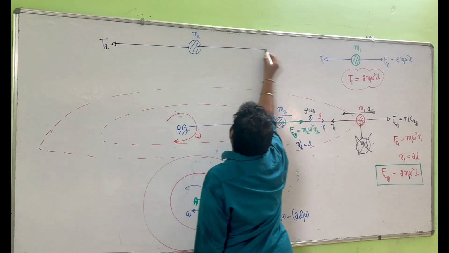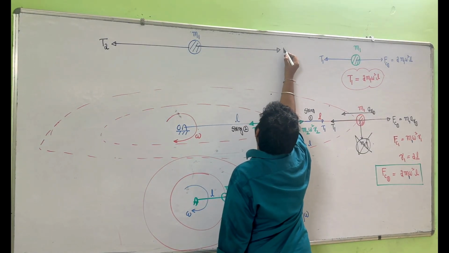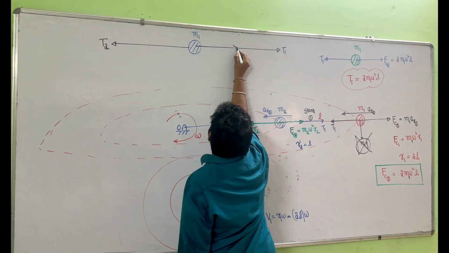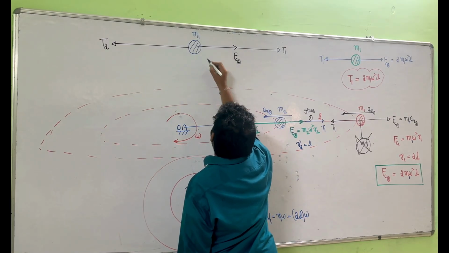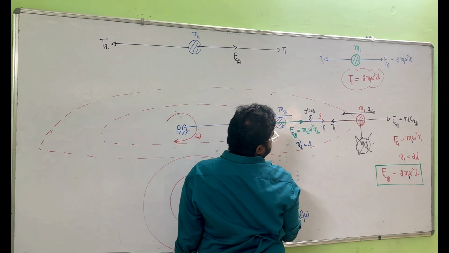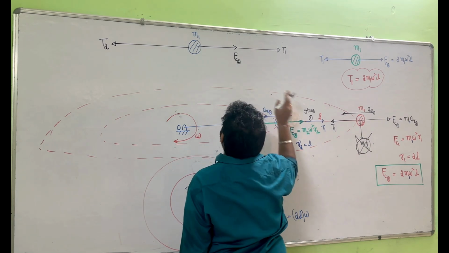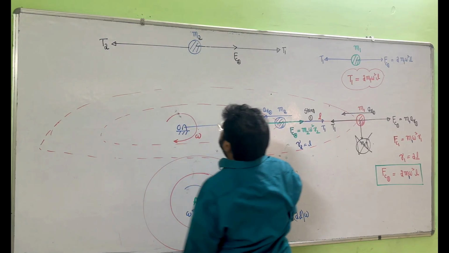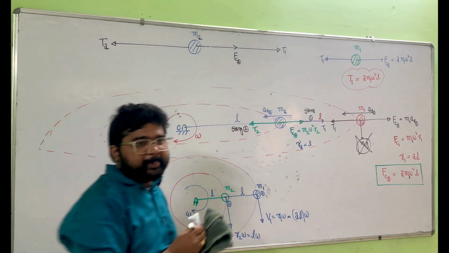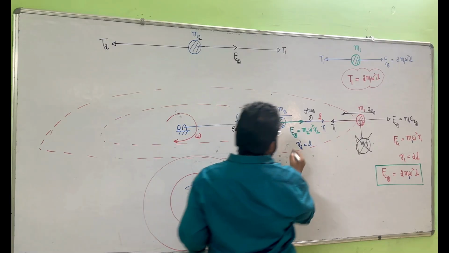So this would be tension T1. This would be the centrifugal force acting on the mass. This is m1, this is m2. Understood or not?